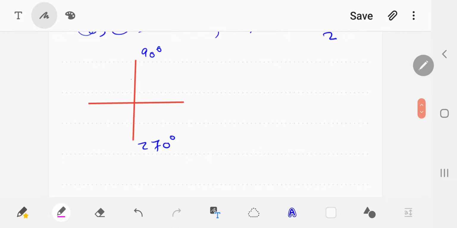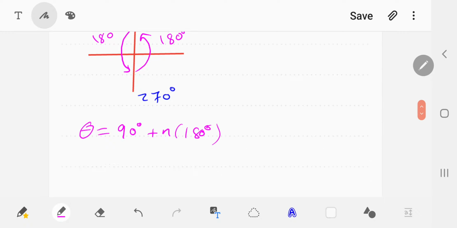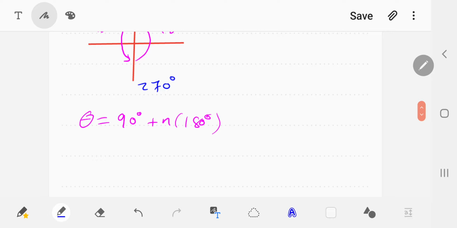Since between 90 and 270, it's always plus 180, and here also 180. So instead of writing plus 2n pi, I can write plus n pi only. So by using only 1 pi each time, you will reach the other angle. So in this case, you can say theta equals only 90 plus n times 180 degrees. So the solution for this part will be pi over 2 plus n pi only.